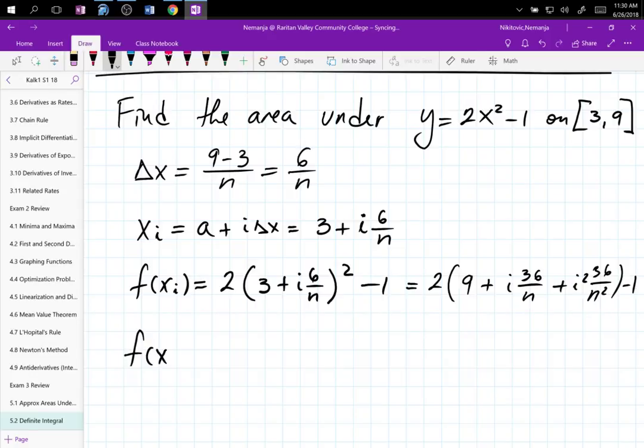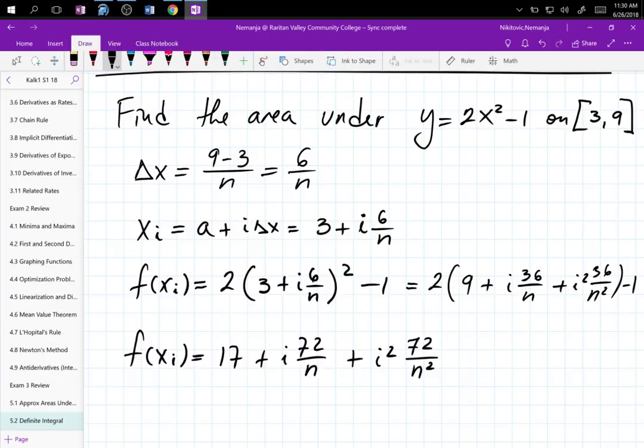So f of xi is going to be 2 times 9 is 18, minus 1 is 17, plus i 72 over n, plus i squared 72 over n squared.